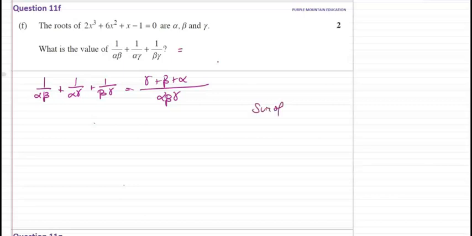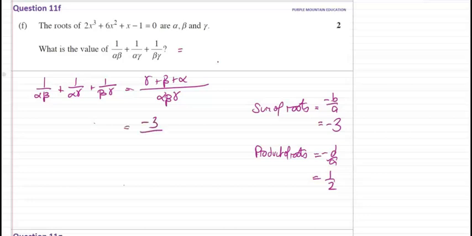The sum of roots is always going to be minus b on a, and in this case minus b on a equals minus 6 on 2 equals minus 3, and the product of roots is minus d on a, which is a half. So subbing those in, I get minus 3 over a half. I'm going to get minus 6, and that's my answer.